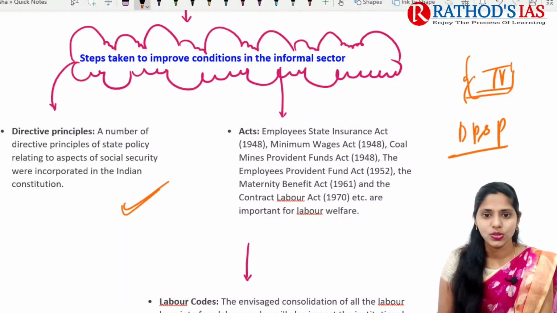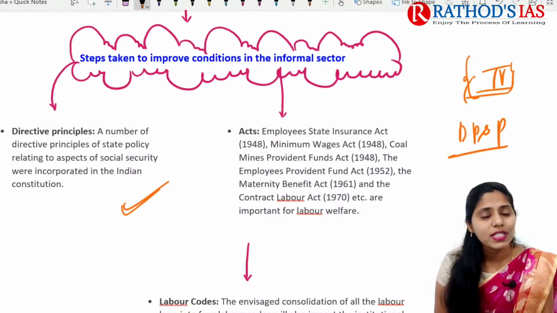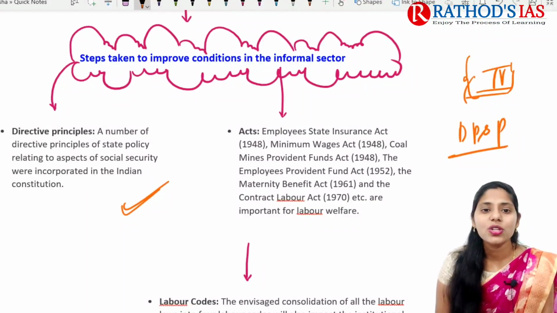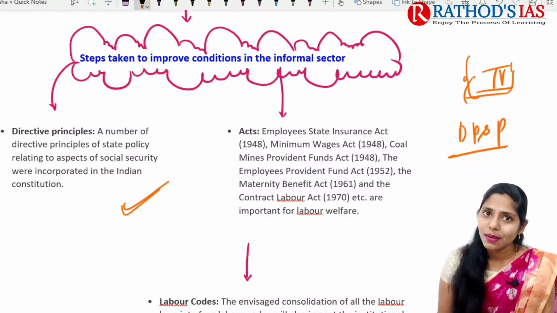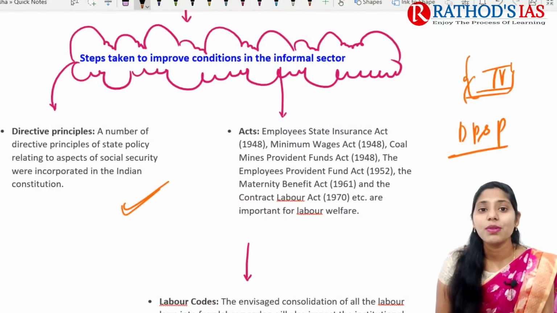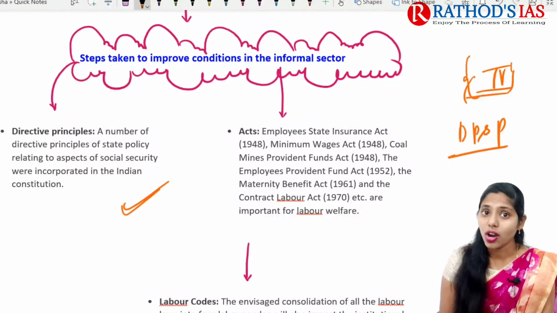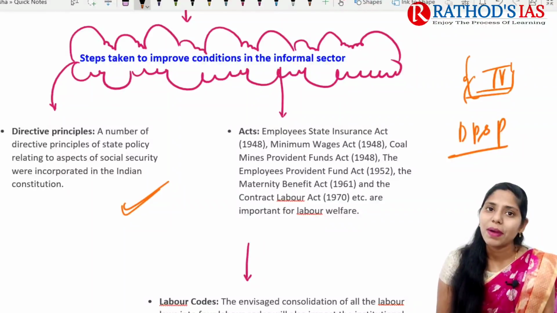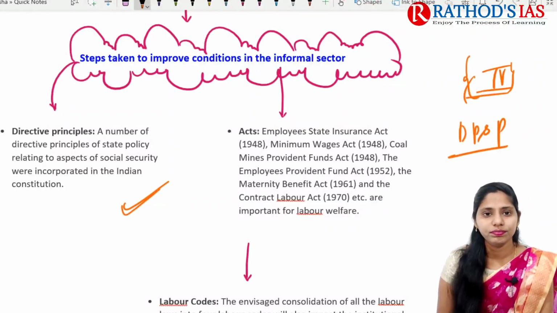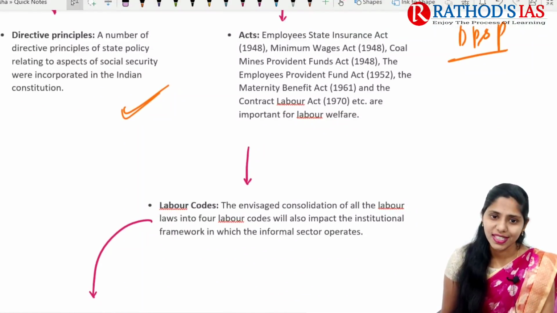The government also came up with a number of acts to improve conditions in the informal sector, for example, the State Insurance Act, the Minimum Wages Act, the Coal Mines Provident Fund Act, the Employees' Provident Fund Act, the Maternity Benefit Act, and the Contract Labor Act. These are some important acts brought in by the government to improve conditions in the informal sector.